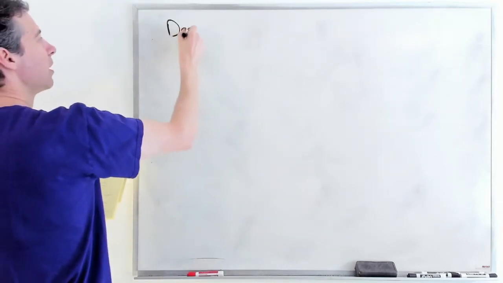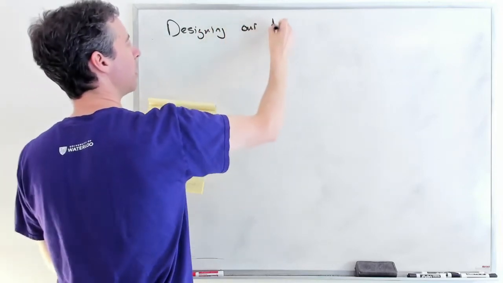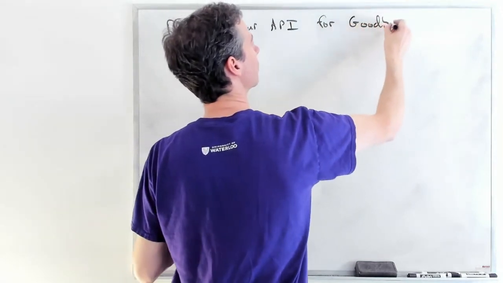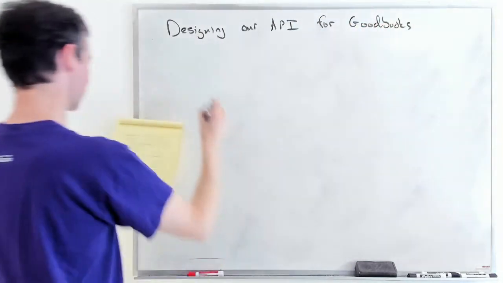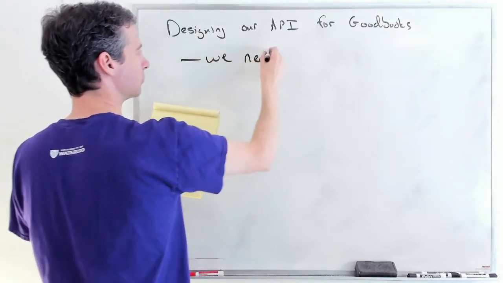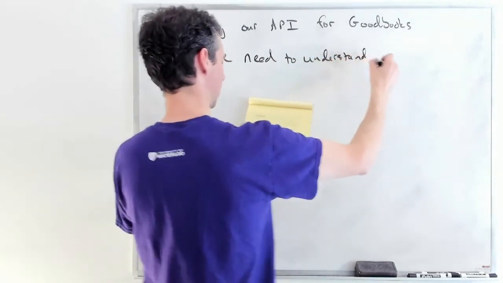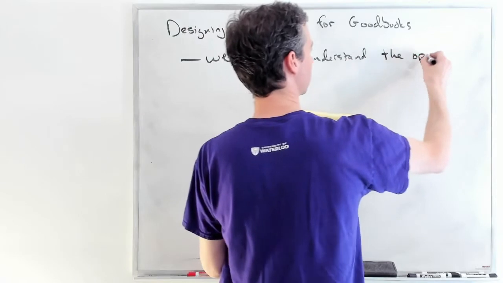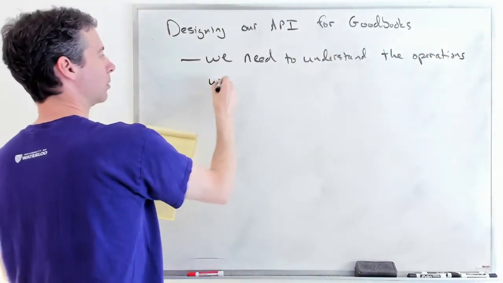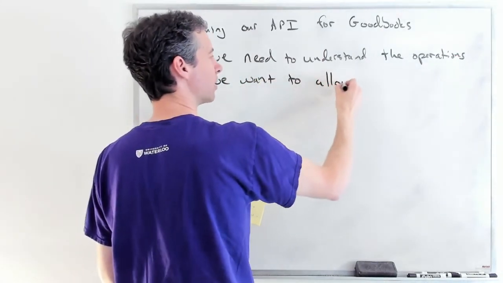So in designing our API for good books, basically we need to understand the operations we want to allow, because there's always an infinite amount of stuff that you could do.